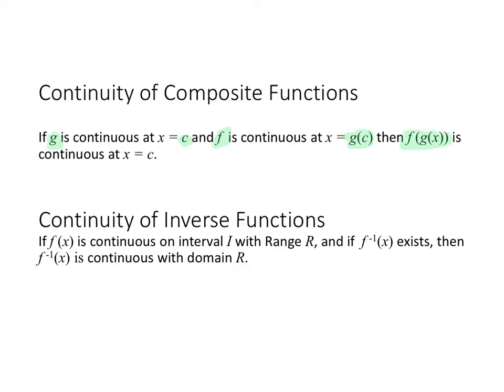So just really briefly, f has to be continuous at this function value because you're going to be plugging in essentially g of c into f. So f better be continuous there. Similarly, inverse functions are continuous. If f is continuous, I'm not going to read this one. It's not going to take a big part in this chapter, but it's there if you need it in the book.